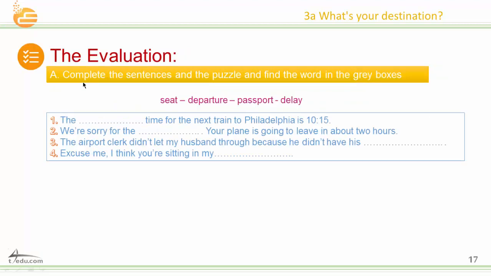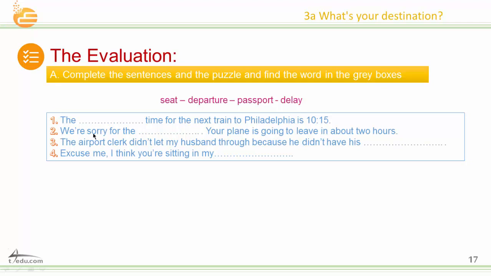Okay, now evaluation. Now complete the sentences and the puzzle and find the word in the gray boxes. Okay, you have here seat, departure, passport, delay. Number 1, the time for the next train to Philadelphia is 10:15.